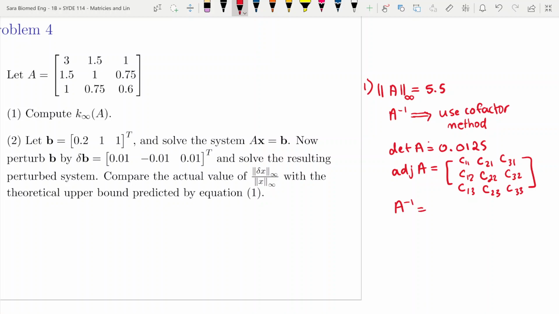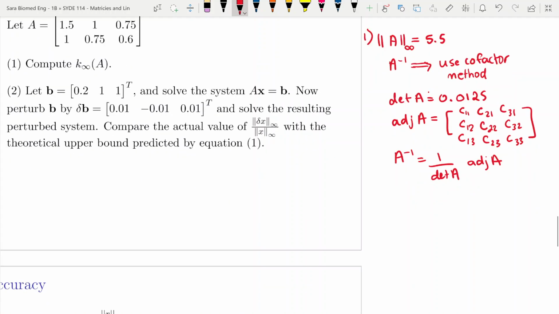Again, you can compute the A inverse however you want. You can use the augmented matrix method. Here we use this cofactor method just as a review, so that you still remember how to do it. Now we have an A inverse. We can go ahead and compute the norm of these two matrices.